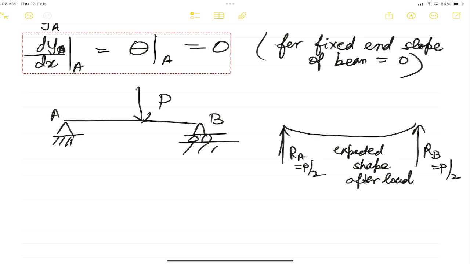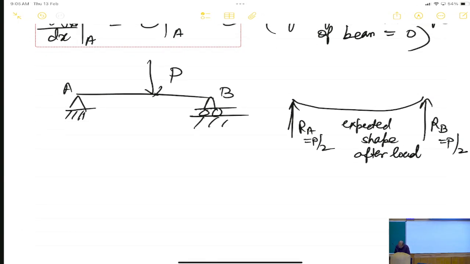Now, what are the boundary conditions you have on A and B? After deflection, what is y at A and y at B?